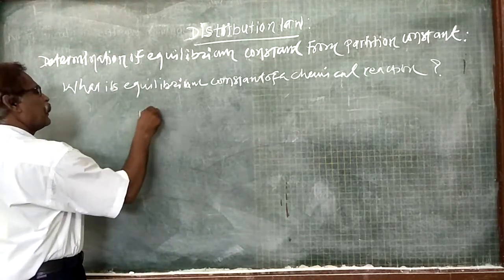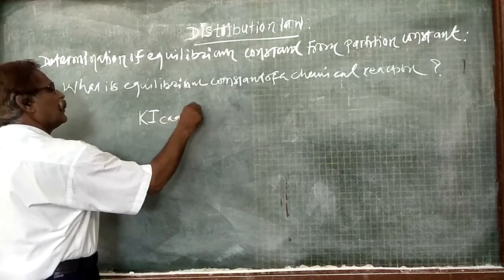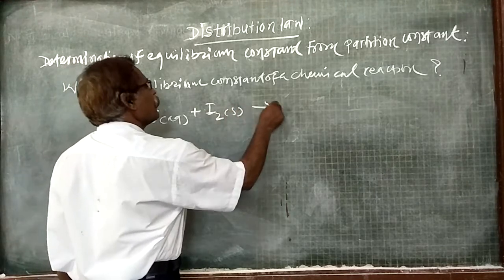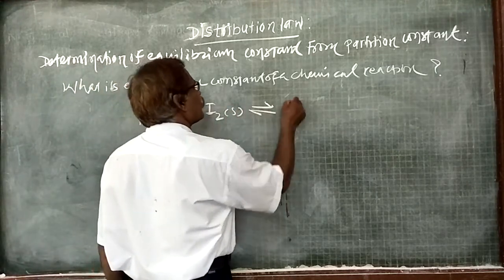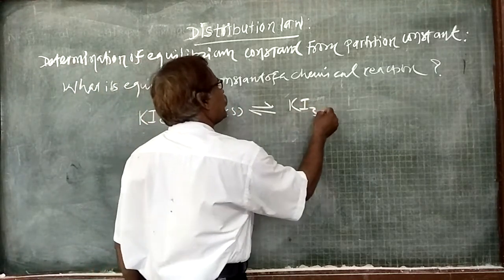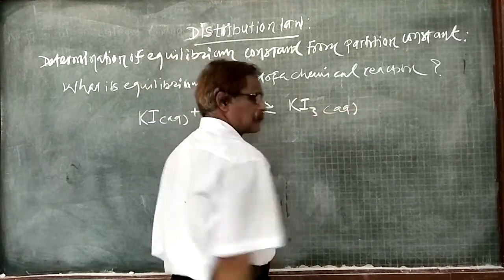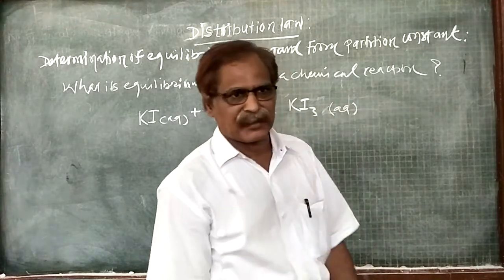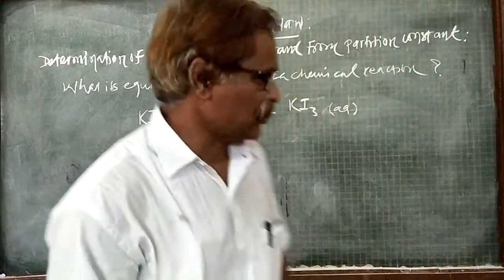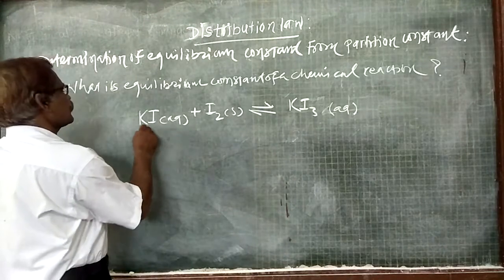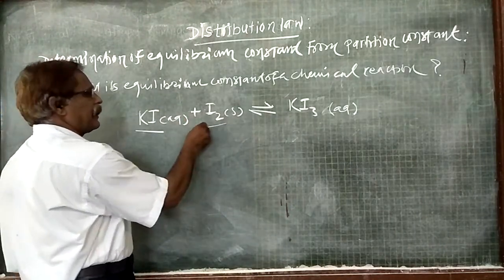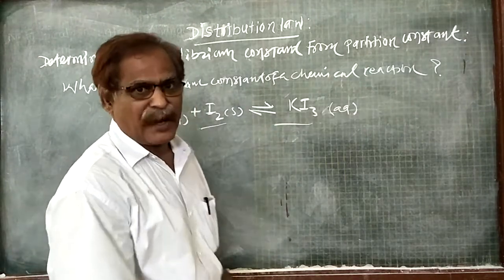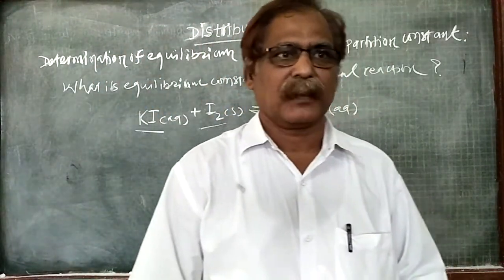So KI, potassium iodide, plus I2, iodine, in equilibrium with KI3 aqueous. This is a typical complex formation reaction between these two reactants, KI and iodine, giving potassium triiodide complex.